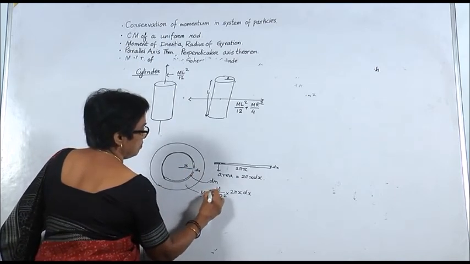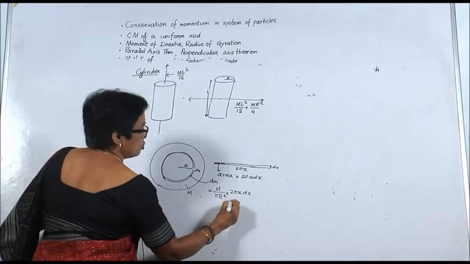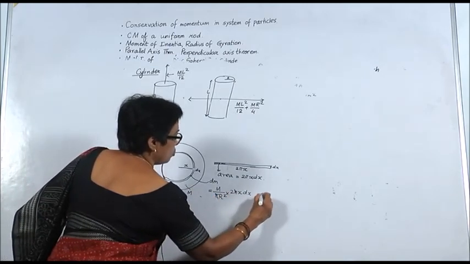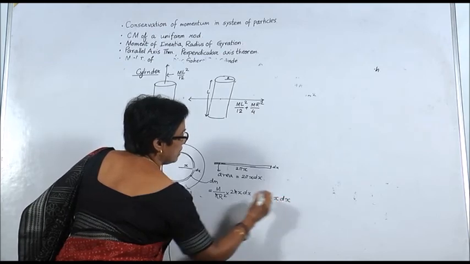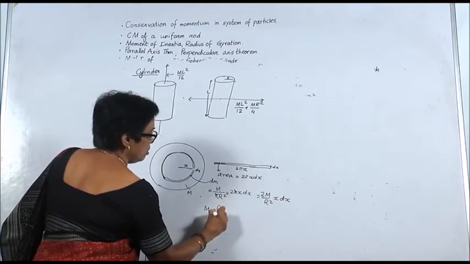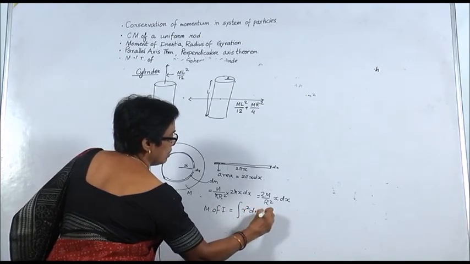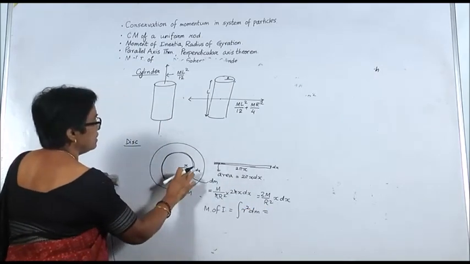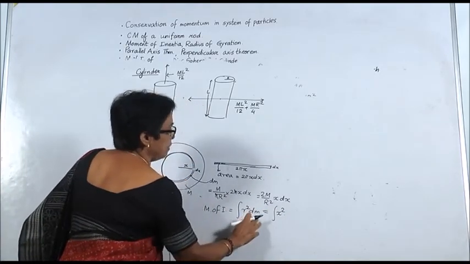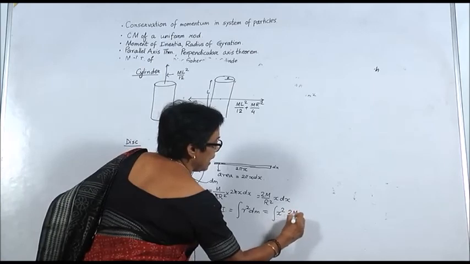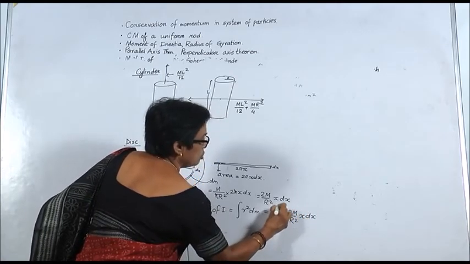So this is dm, equal to 2 m by r square x dx. Now, the moment of inertia formula is integral of r square dm. The distance here is x, so it is x square into dm, that is 2 m by r square x dx, integrated from 0 to r.